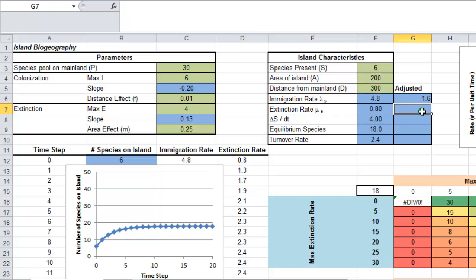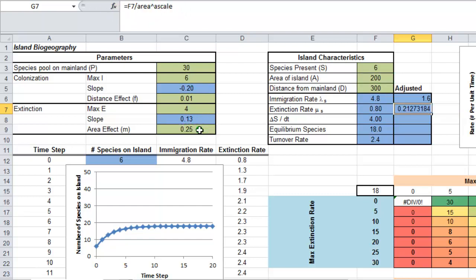Now how about the extinction rate? Well, similarly, we're going to make an adjustment to our original extinction rate. So it's going to be cell F7 adjusted by, divided by, and here we're going to take the area, which I've named area, that cell is named area, and we're going to raise it to cell C9, and I've named cell C9 A scale, which is just the scaling effect on area.